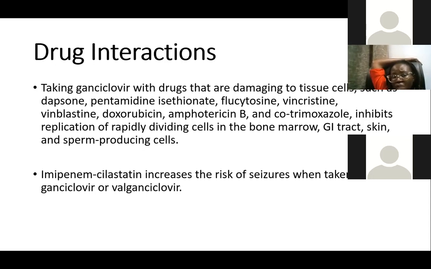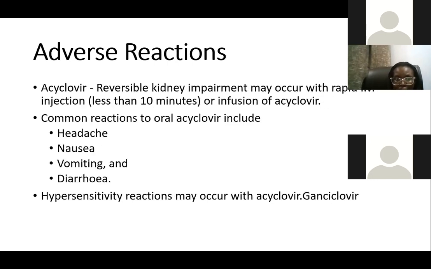So sometimes you might treat with both the nucleosides and the antibiotics. In your choice of antibiotics, if you go in for imipenem cilastatin, then you have to be careful when you are using ganciclovir or valganciclovir, but acyclovir is quite safe.